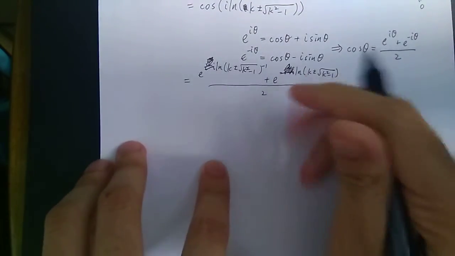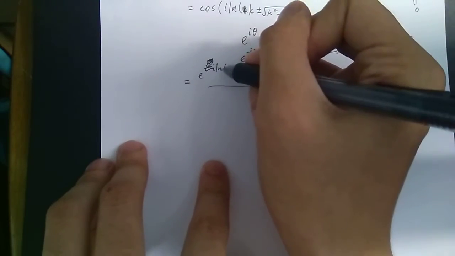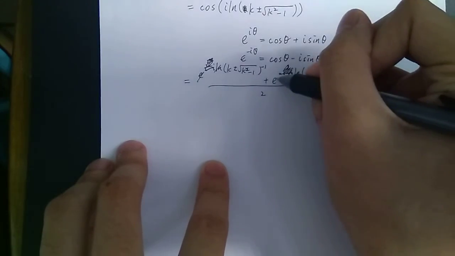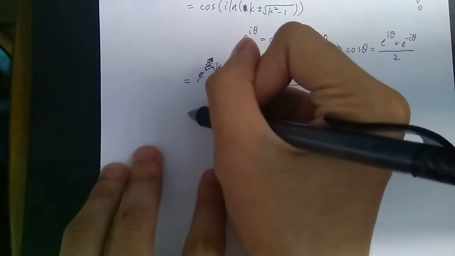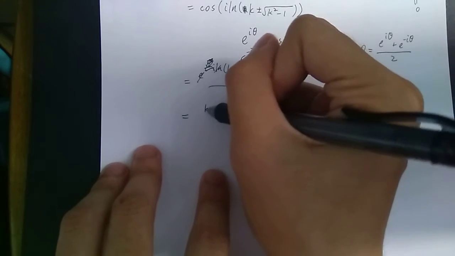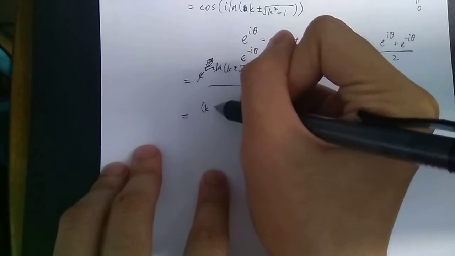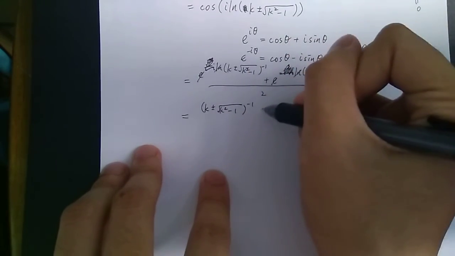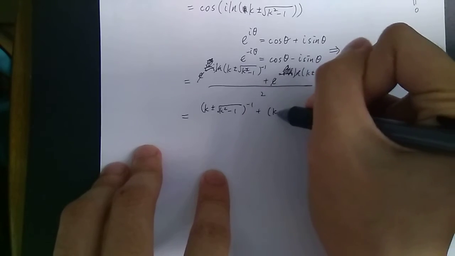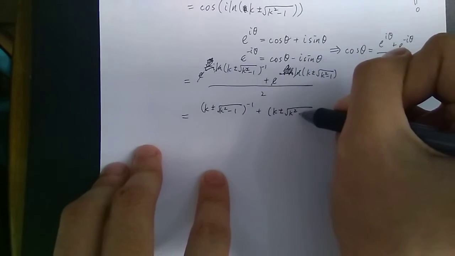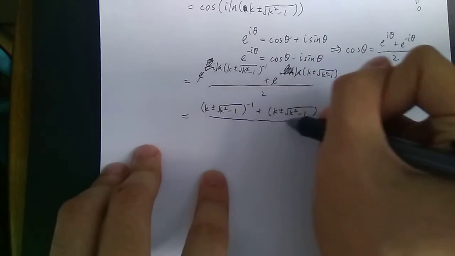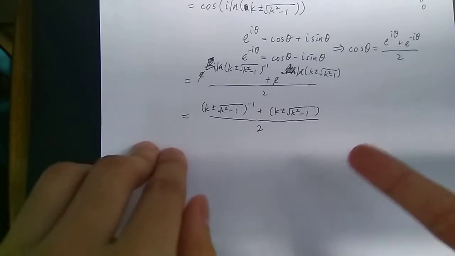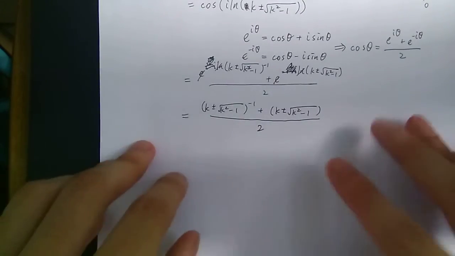Natural log can cancel out with e, and this one also. And so we can move to the next step, that is k plus or minus square root of k squared minus 1, to the power of negative 1, plus k plus or minus square root of k squared minus 1, no negative 1 here, and then over 2. You'll see no e, no natural log, no i here anymore.